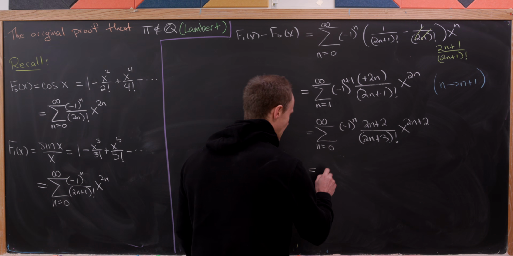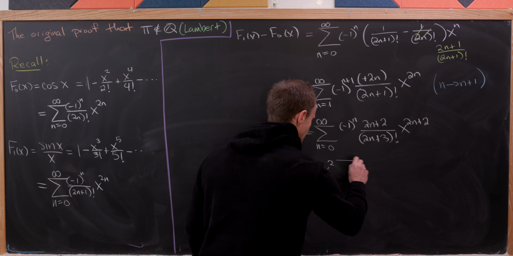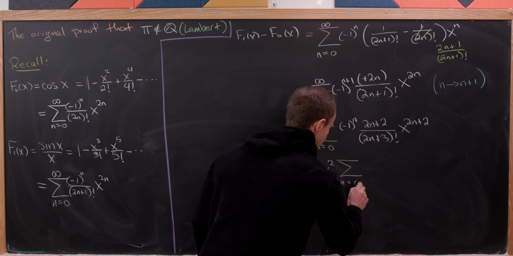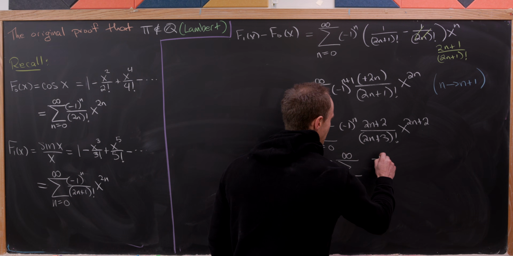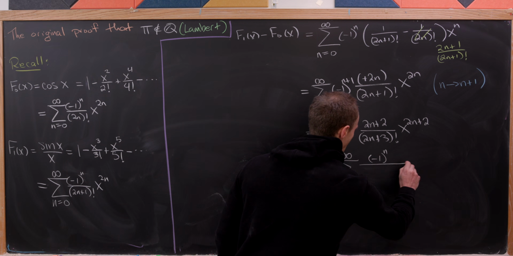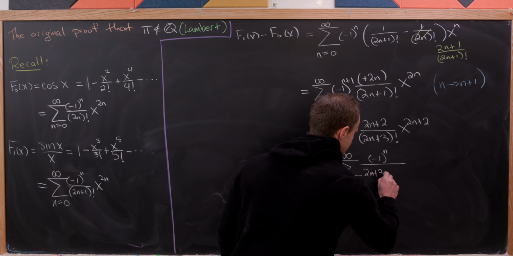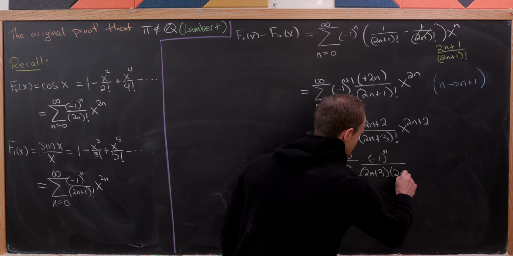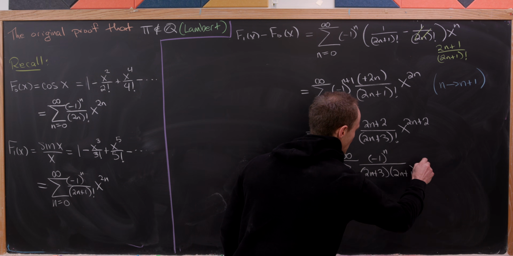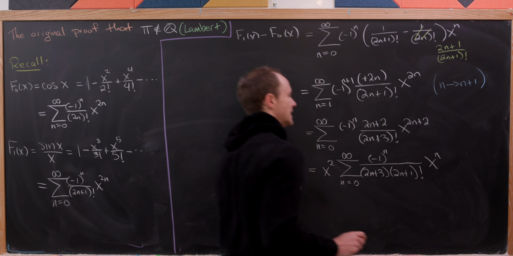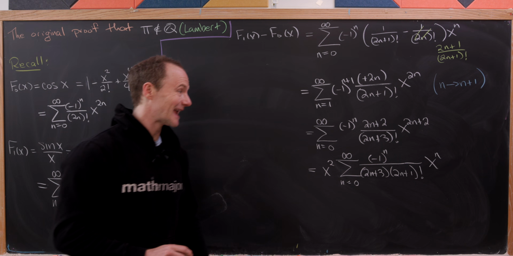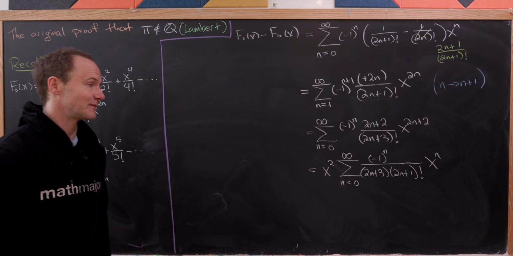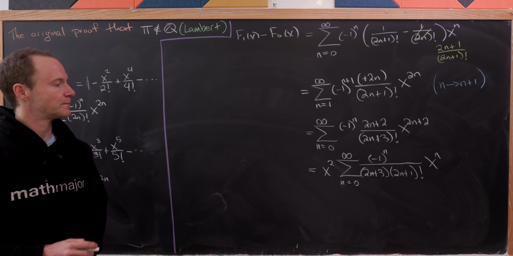If I do that, I'll have x squared and then the sum as n goes from 0 up to infinity of minus 1 to the n over 2n plus 3 times 2n plus 1 factorial times x to the 2n. You'll see what I did there: I took this 2n plus 2 and canceled the 2n plus 2 term that was in the denominator.